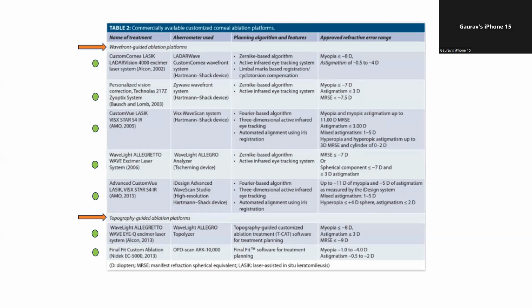So you started getting much better quality of vision and fewer problems with the pupil. We used to think that we were doing a 6 zone, but with a pupil of say 4, we were actually getting only 3 or 4, so people used to get ghosting and halos. Now with the same pupil size, the effective optical zone went from 3 to 4 millimeters to almost 6 or 6.5 millimeters.